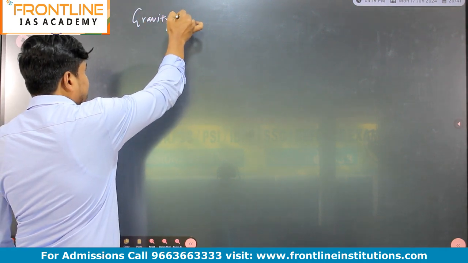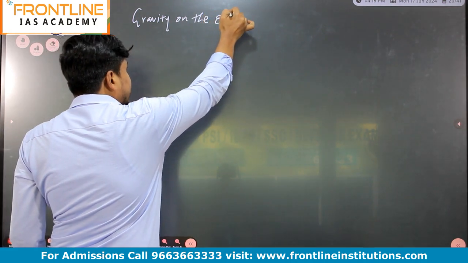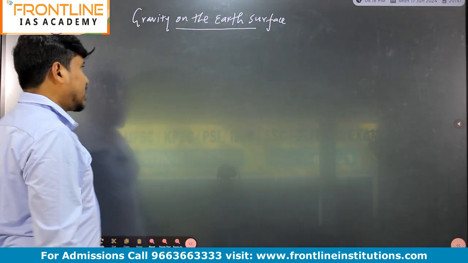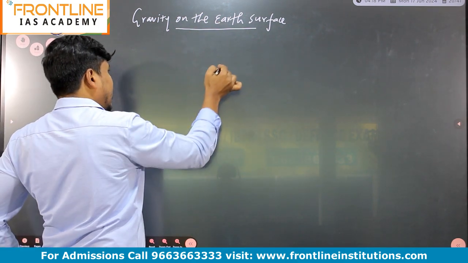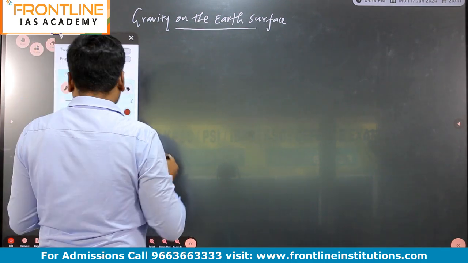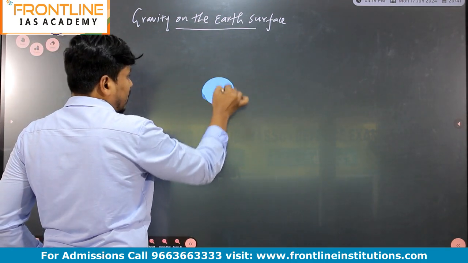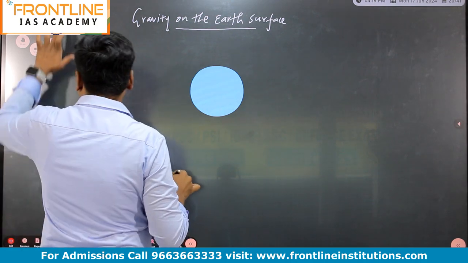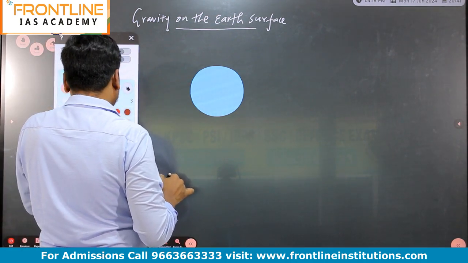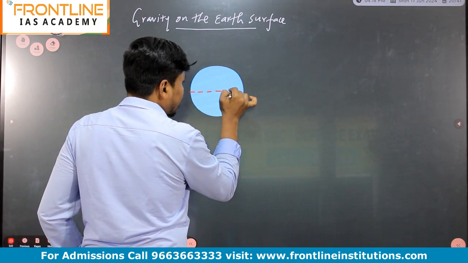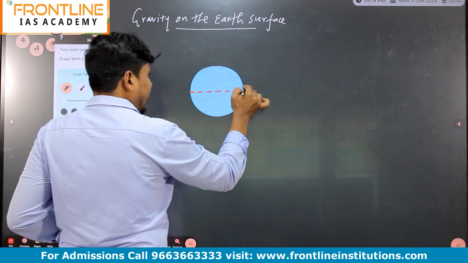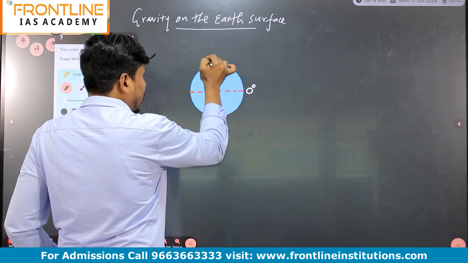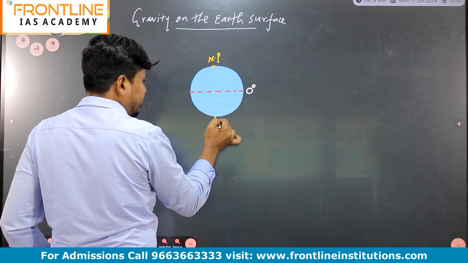Gravity on the earth surface. If you take this as the earth, this is the equator, 0 degree equator, and these are the poles, north pole and south pole, right?